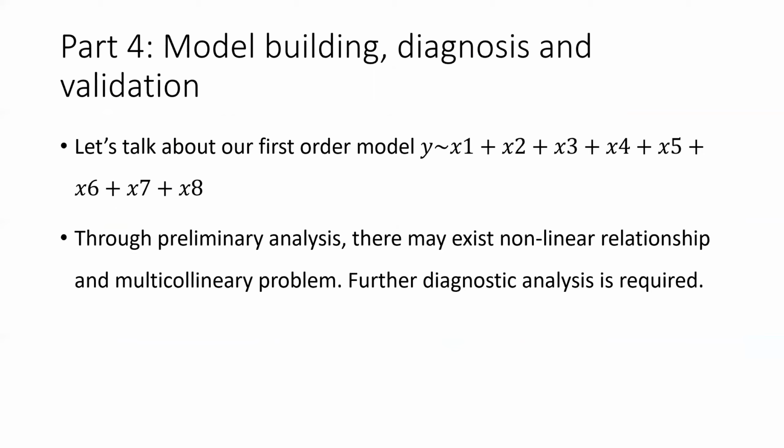So let's talk about our first order model that investigates the relationship between Y and X1, X2, X3, X4, X5, X6, X7, X8. Through preliminary analysis, there may exist a nonlinear relationship and the multicollinearity problem. Further diagnosis is required.